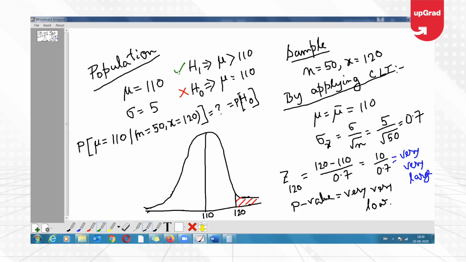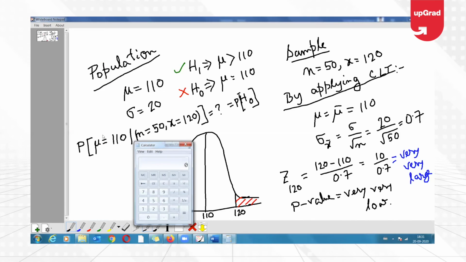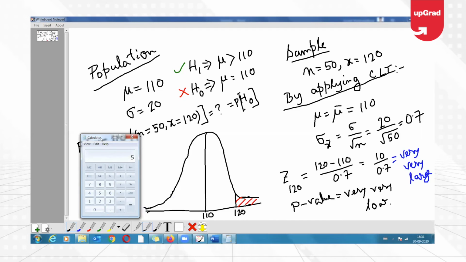Let's tweak some parameters and see if we can make any difference. Suppose we increase the standard deviation. Say the standard deviation, let's make it 20. Let's see now if it makes any difference. In that case, this becomes 20. The square root of 50 is 7.07.